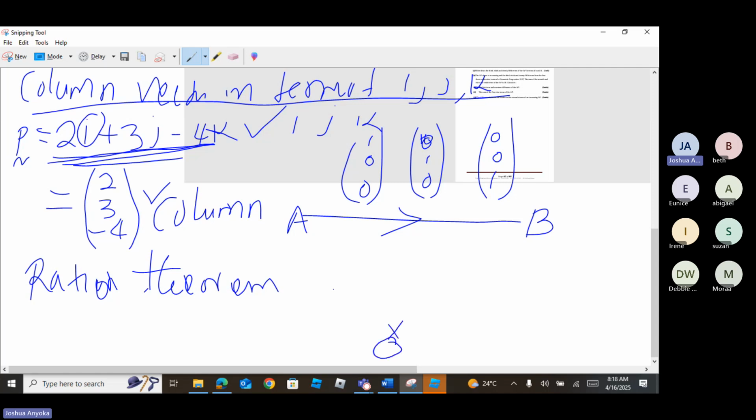There must be an origin somewhere where these vectors are coming from. So we have vector OA and vector OB.